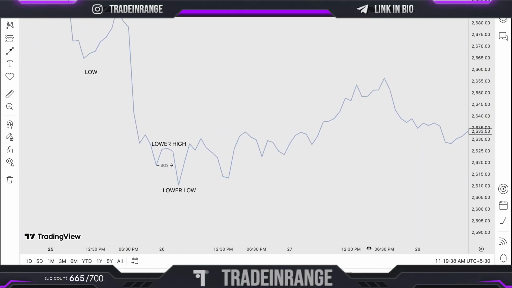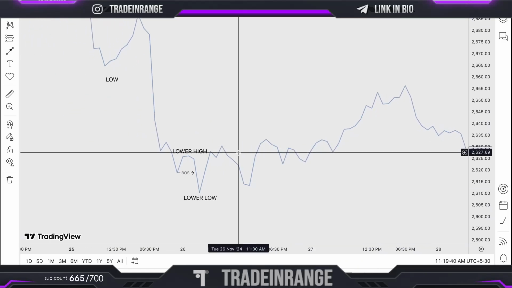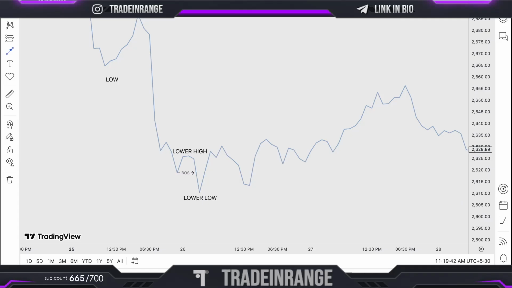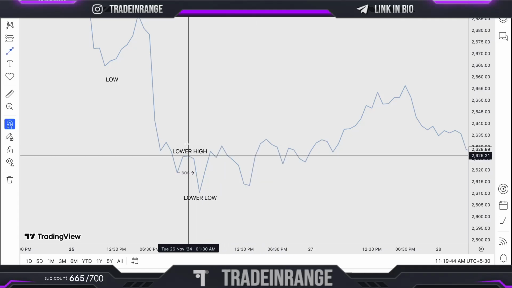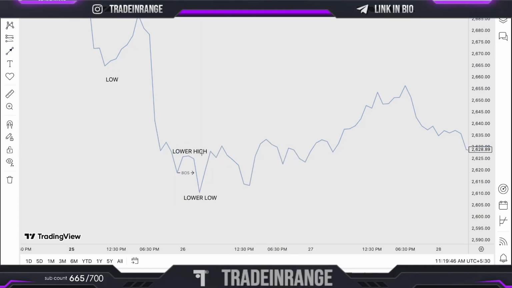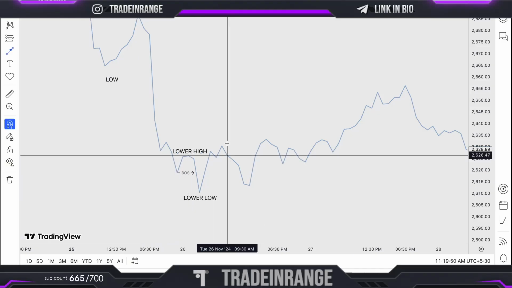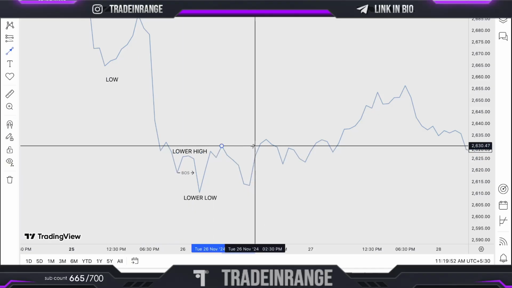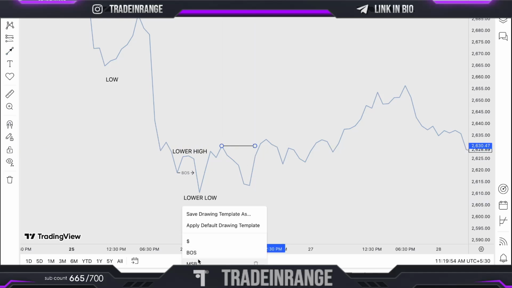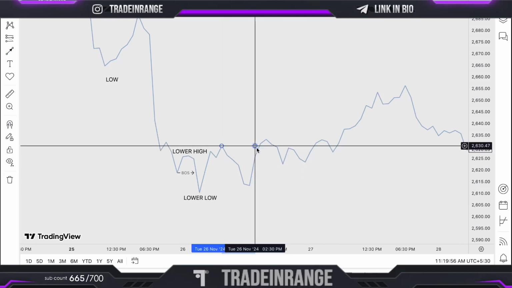So when we have a change of character, when the lower high gets broken, the lower high gets swept. Lower high, I will consider this high for easy understanding, right?